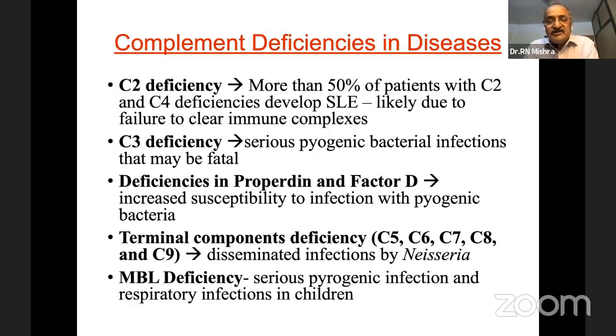Other factor deficiencies like properdin and factor D cause increased susceptibility to infection. That means they have recurrent infection. But I don't know which one is the most common, because deficiency of these early factors and late factors sometimes causes death in utero. So it's very difficult to study.